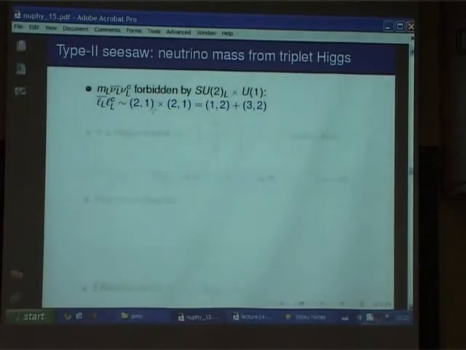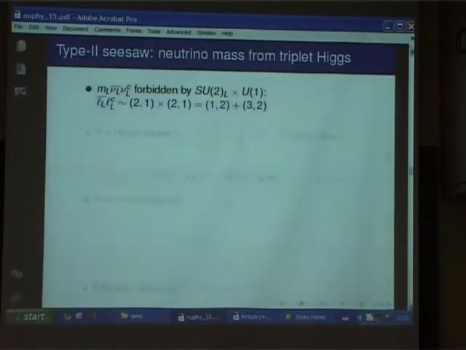So hypercharge 1 plus 1 is 2, and then doublet means spin half gives you spin 0 or spin 1. So either it gives you a singlet or it gives you a triplet. Okay. So this or this. So if I only want to write a term which is LL bar and LLC, it will be forbidden. I cannot just write M times this.